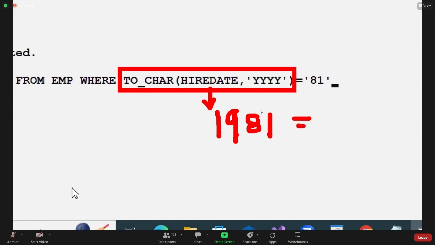So 1981 equals 81, which means both are not matching. This is 4-digit format and this is 2-digit format, so the condition is false.